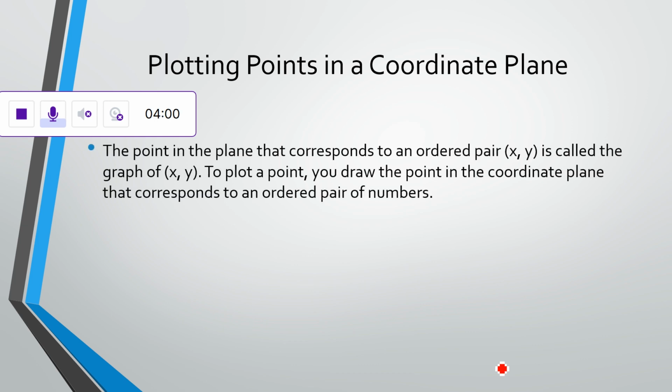Whenever we are plotting points in the coordinate plane, we always want to first look at the x value of the ordered pair, followed by the y value. It's always going to be x and y. There's no shortcutting it. You can't do y then x. You always have to follow that order.